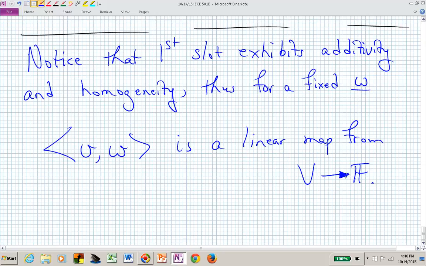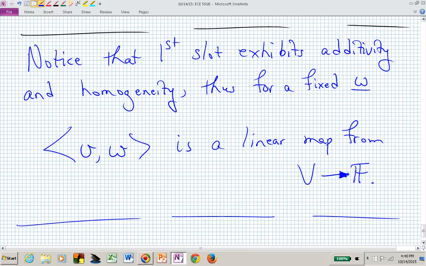So is that inner product an operator? No, because to be an operator, we need the domain and the codomain to be the same, don't we? And now we are going from some vector space V to the scalars F. But we can plug in any vector we want for V, and that will satisfy our linear map properties of additivity and homogeneity.